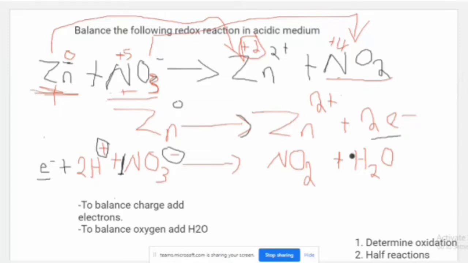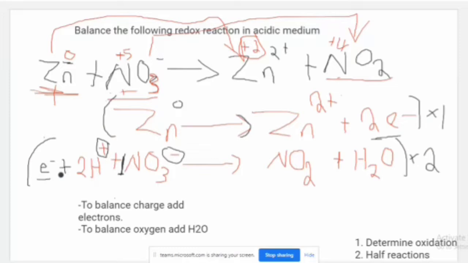If the number of electrons is not the same, you have to make it the same. How do you do that? Here you have two, so you multiply this equation by 1. Then this equation should be multiplied by 2. I have just one electron here, so these two are going to multiply this half equation so that we can have the same number of electrons.